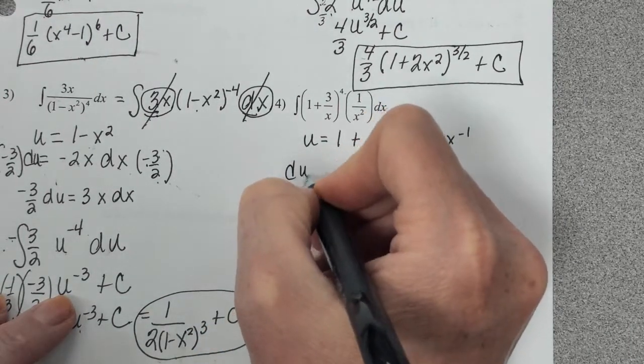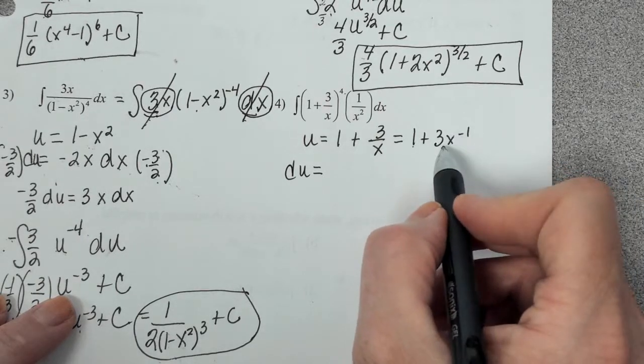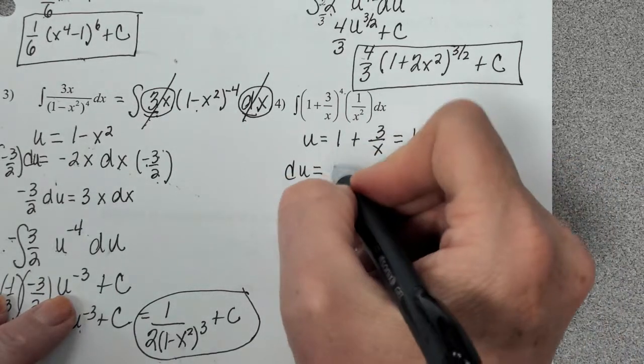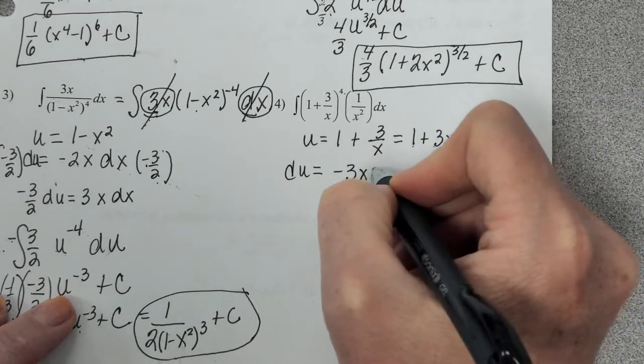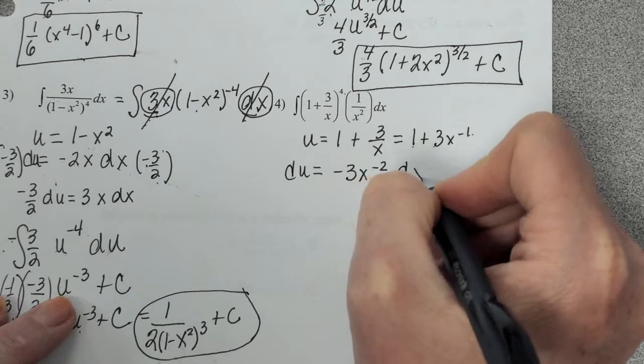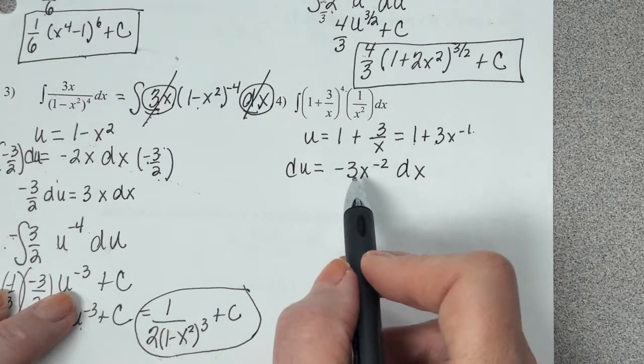So the derivative of u, the derivative of 1 is 0. I do 3 times negative 1, that's negative 3x, subtract 1 is negative 2, dx. All right. Look at what we have, though.